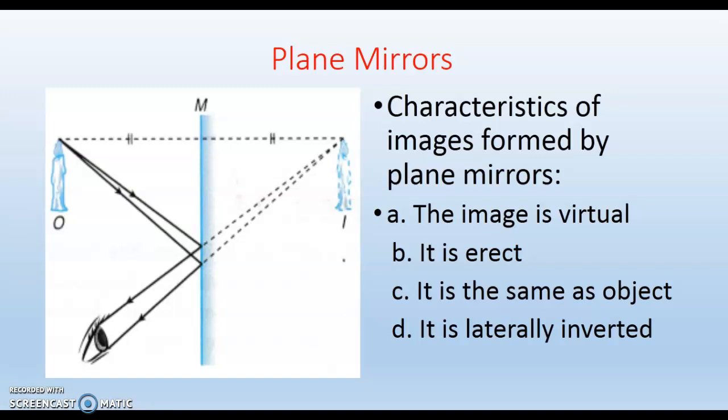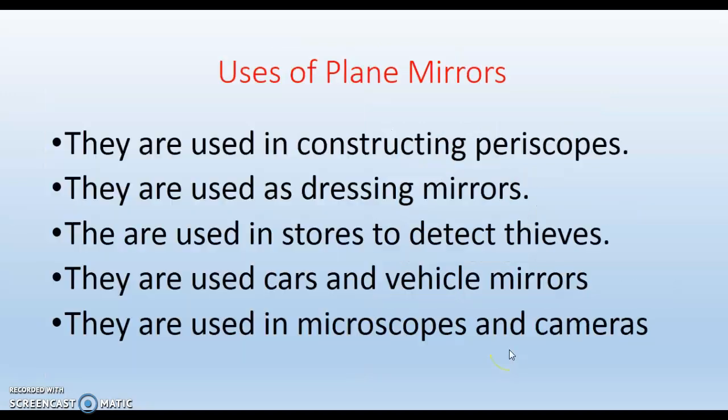It doesn't diminish, and it's not enlarged. And the last one, we say it is laterally inverted. Lateral inversion means your left hand becomes your right, and your right hand becomes your left. That's what I mean by laterally inverted.